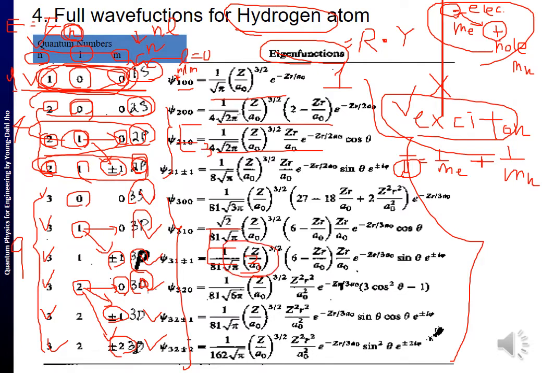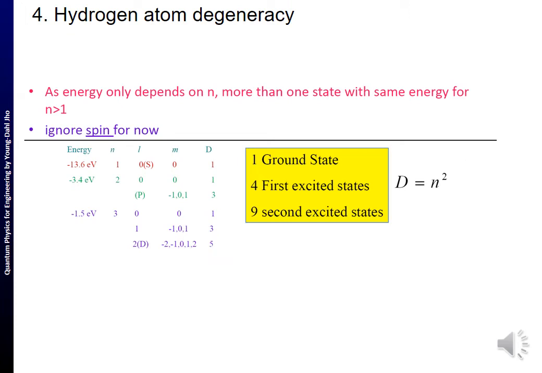So this energy is shared by 9 different states, and we call it degeneracy. Degeneracy means how many states there are for a certain energy value.